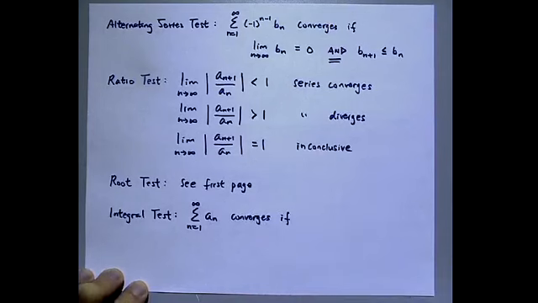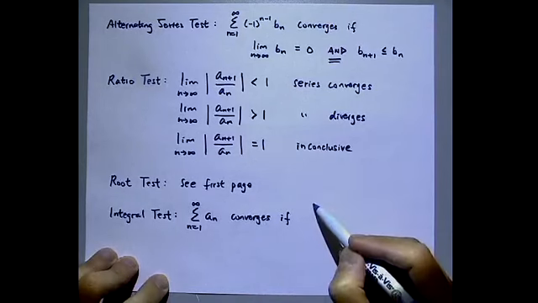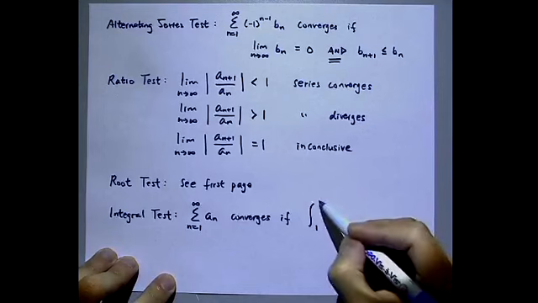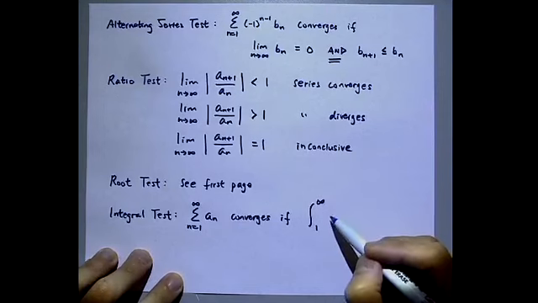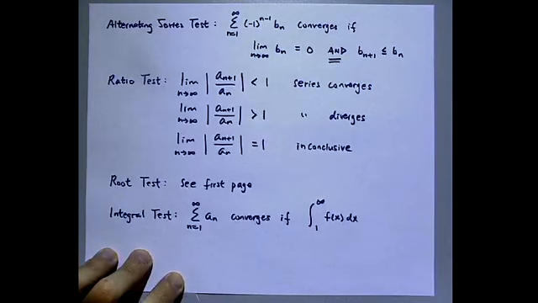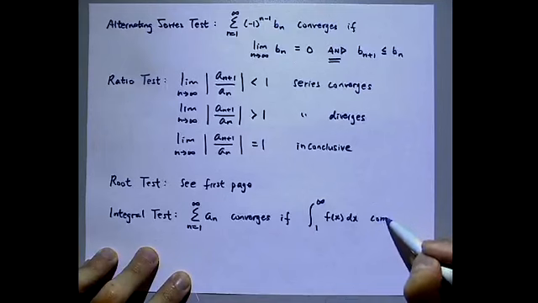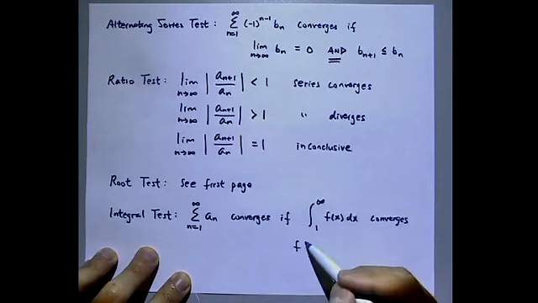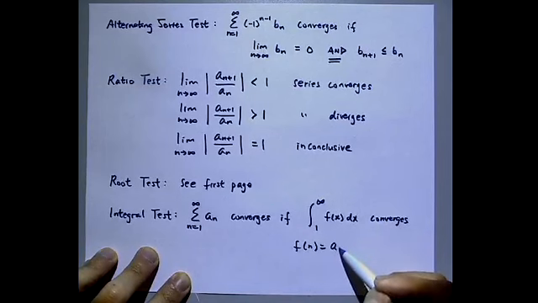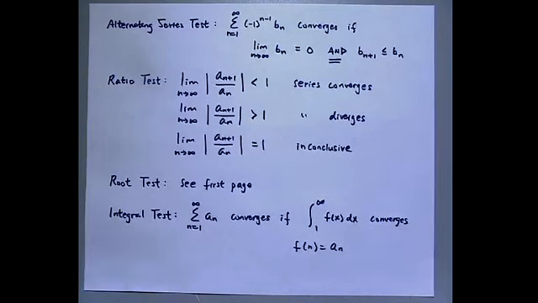The integral test says the series converges if the improper integral from 1 to infinity of the function that gives us the terms converges. And we get the terms from the function.